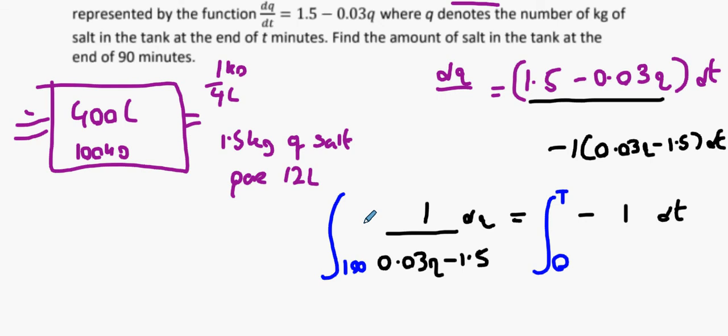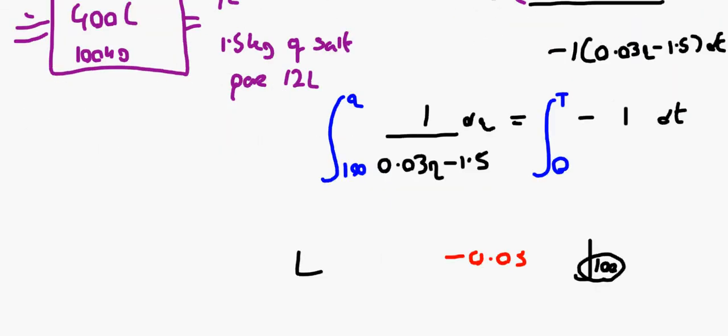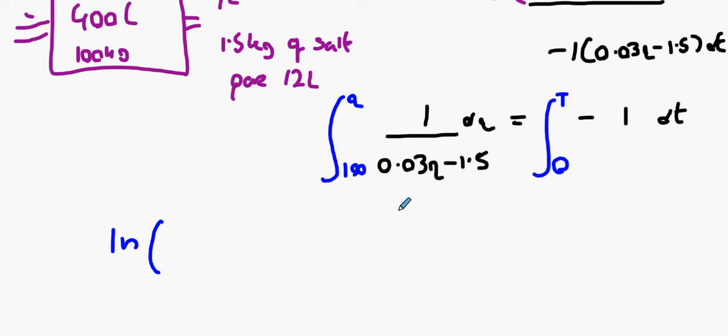And then I integrate both sides, from 100 to 0 for t and q. Then it's the same integral we did earlier, the ln one, so it's going to be ln. I can't believe this type of question, it's a horrible question.